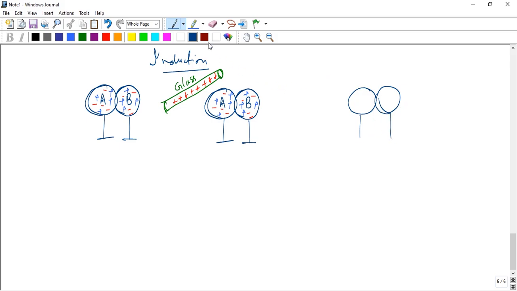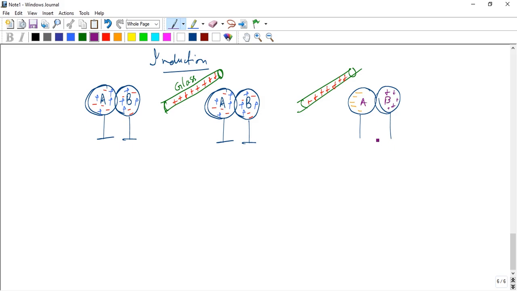We see that plus attracts minus, so the minus comes to that side and the plus is repelled. So the A ball gets minus and the B ball gets plus.